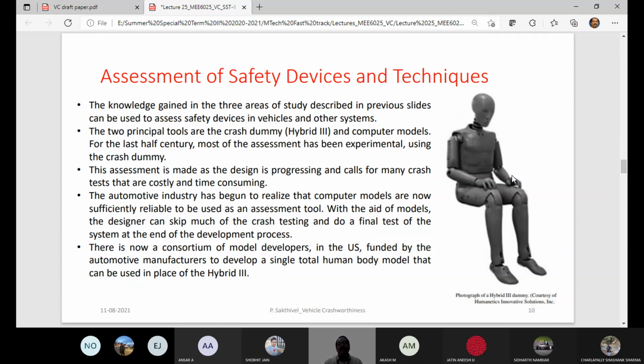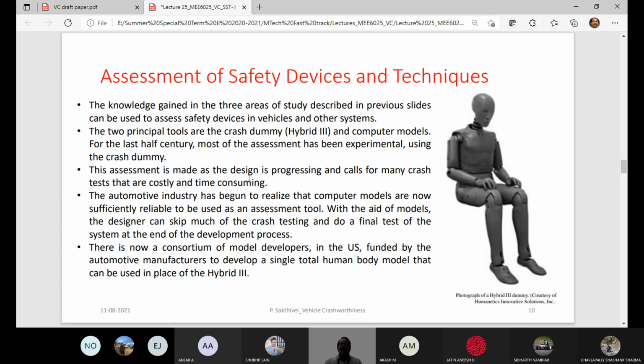The knowledge gained in the three areas that we discussed in previous slides can be used to assess safety devices in vehicles and other systems. The two principal tools are the crash dummy, the Hybrid 3 dummy being shown here for your reference, and computer models. For the last half century, most of the assessment has been experimental using the crash dummy.